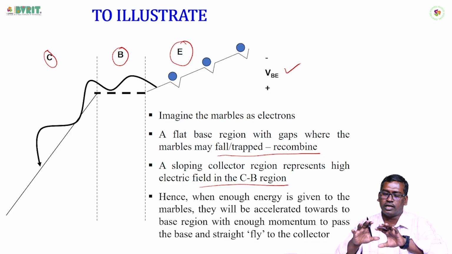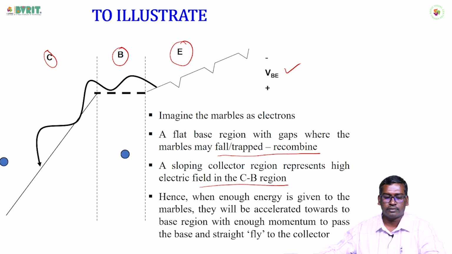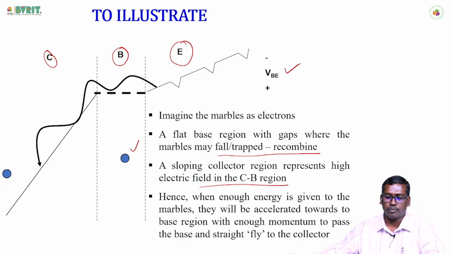We are just pushing the electrons from the emitter into the base region. Now try to understand here. See the illustration. Now we can see that one electron has fallen into the trap, or recombined, and you can see the flow of how the electrons are moved. I'm repeating again.